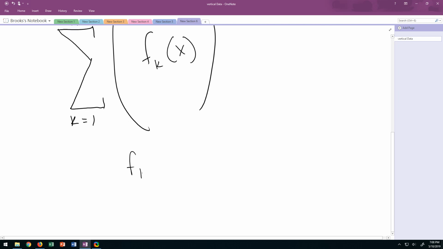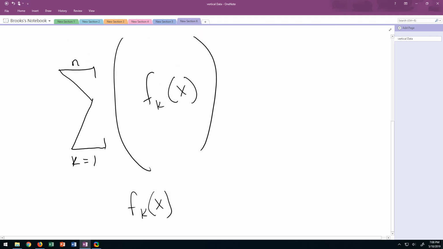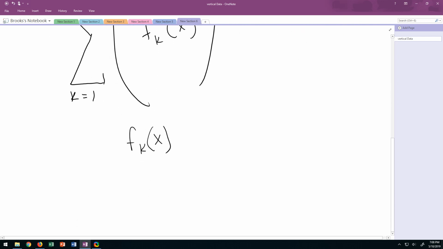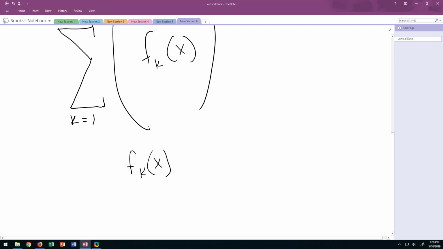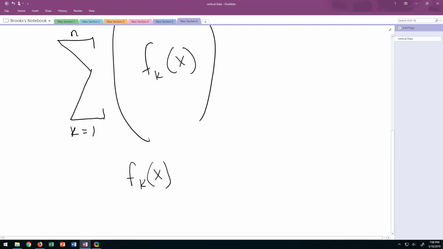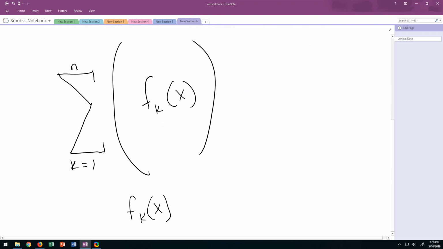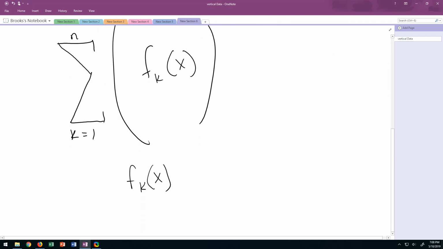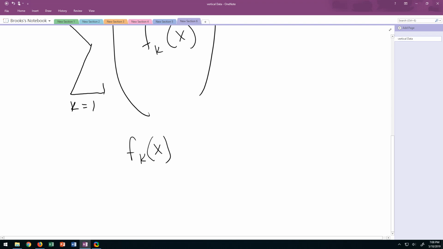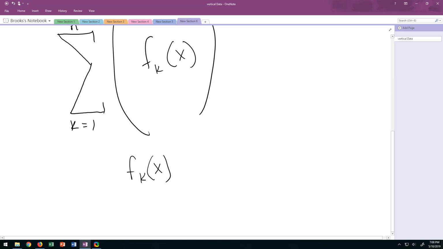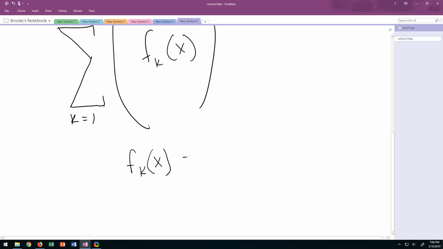By definition, f sub k of x is going to have zeros at all x values that are part of our data set. Not all x values, it doesn't make sense to have a polynomial that has zeros everywhere. But it's going to have zeros at every x value that we have in our set except for the kth x value. I hope I said that as clearly as was needed for you to understand.